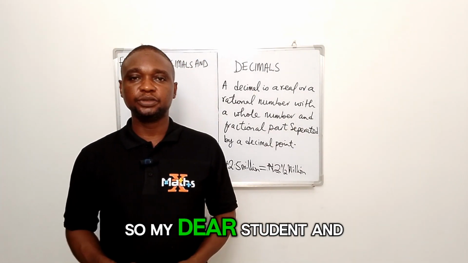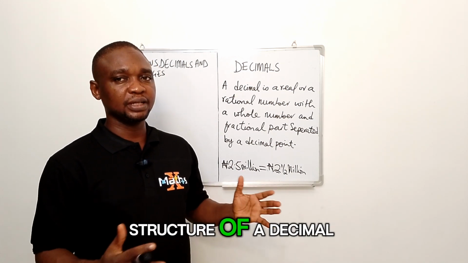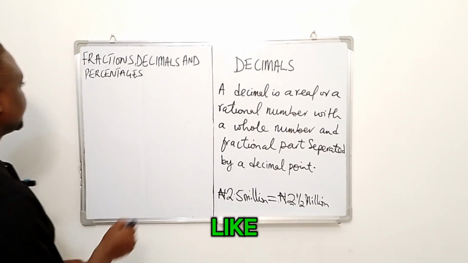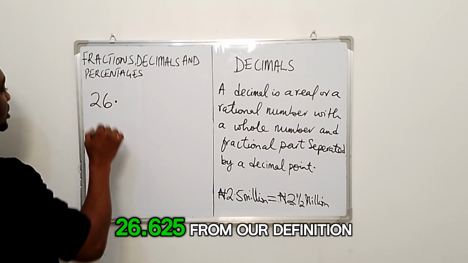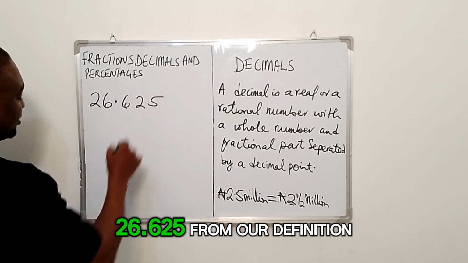So, my dear students and viewers, let's still talk about the structure of a decimal in terms of its appearance. Let's look at a number like 26.625.